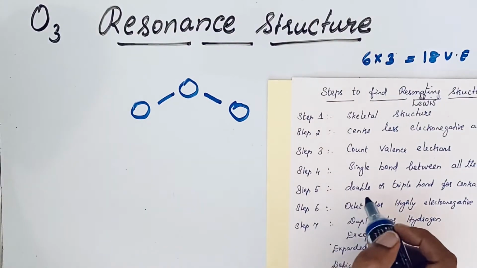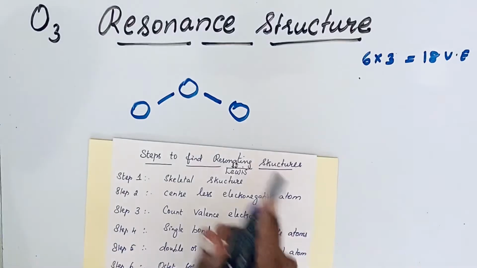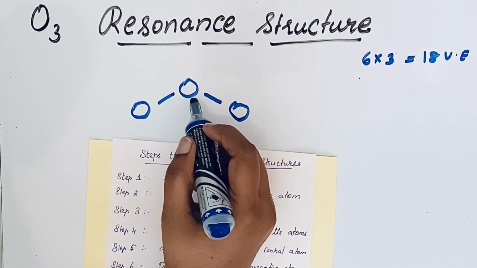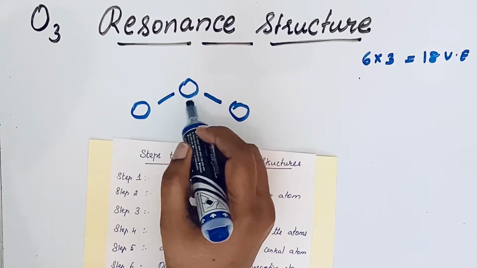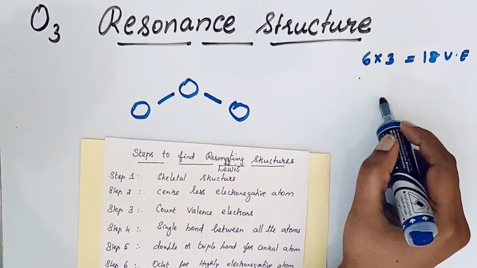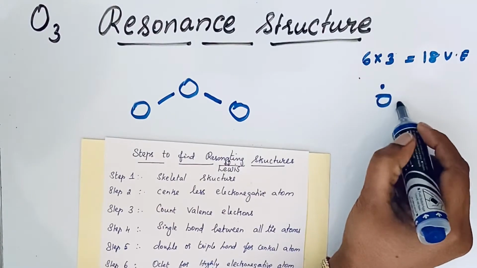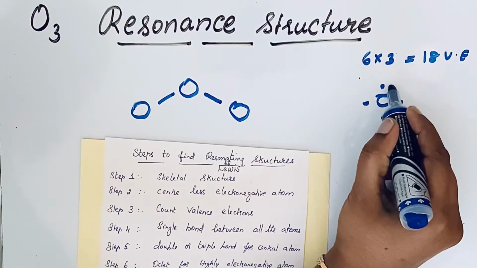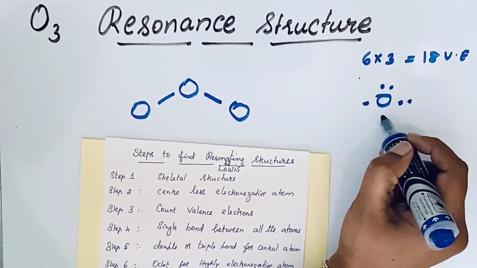After that, step 5, double or triple bond for central atom. Why are we going to put the double or triple bond around the central atom? To satisfy the octet rule. So for oxygen, valence electrons 6. We can draw the electron dot structure 1, 2, 3, 4, 5, 6. That means 2 lone pairs and 1 unpaired electrons are present.